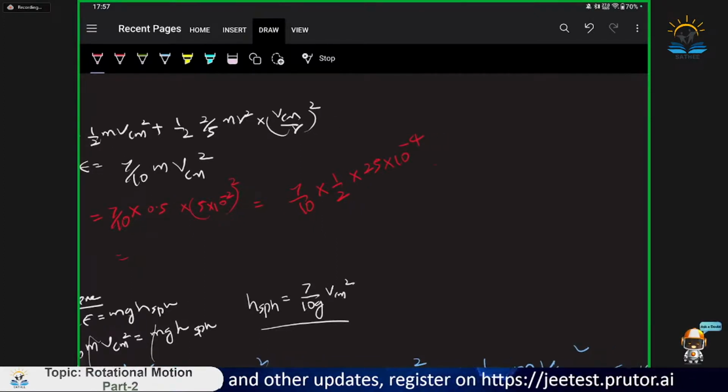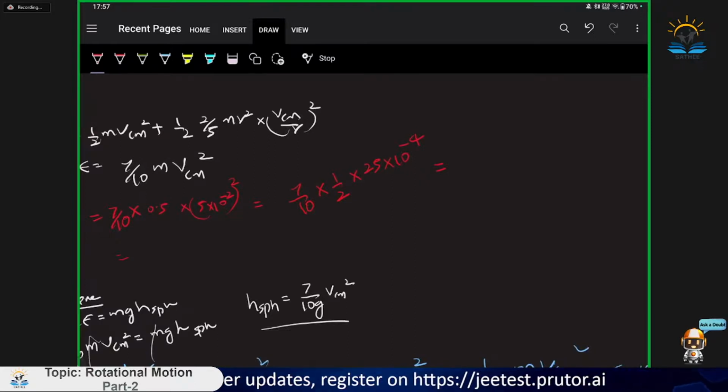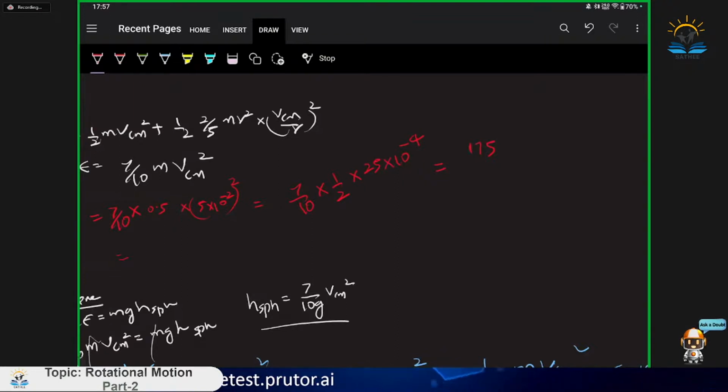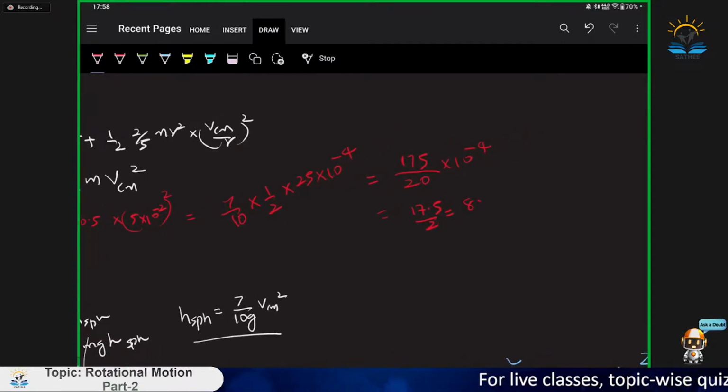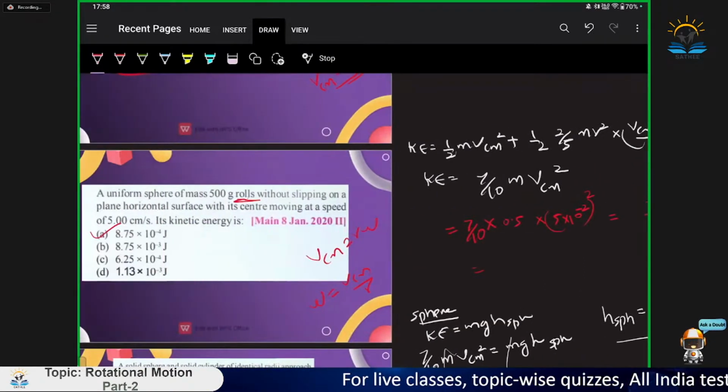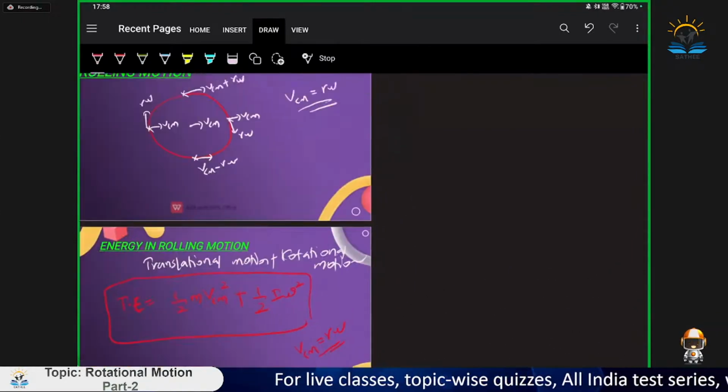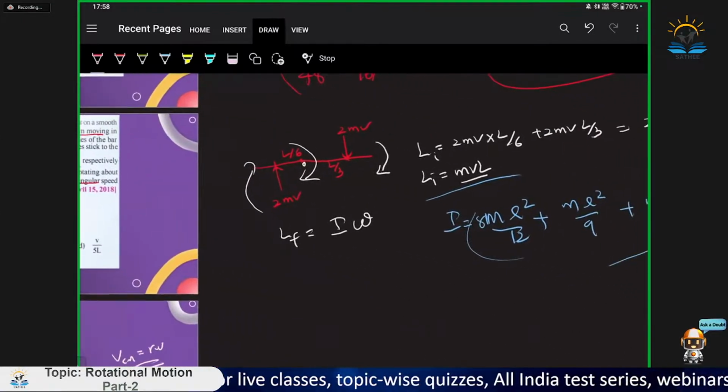So 7 into 25, how much? 175, right? 175 divided by 20 into 10 raised to minus 4. 175 divided by 20 means 17.5 by 2. That means 8.75 into 10 raised to minus 4. That's how we got it, and option A is the right answer. Okay, that's over.